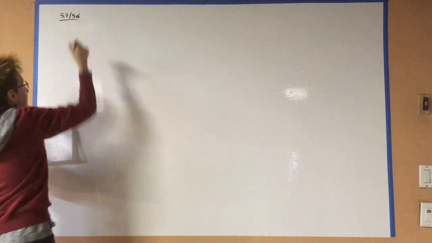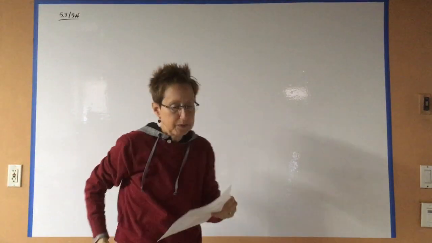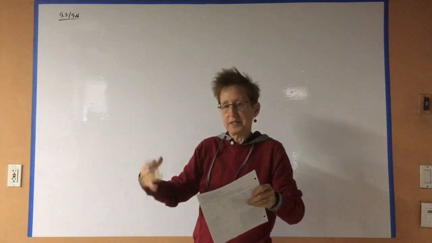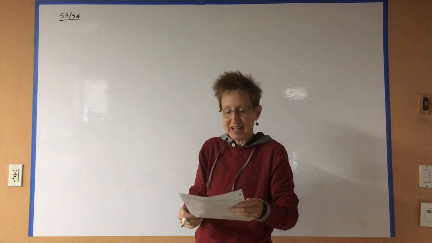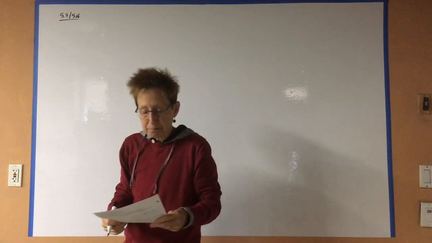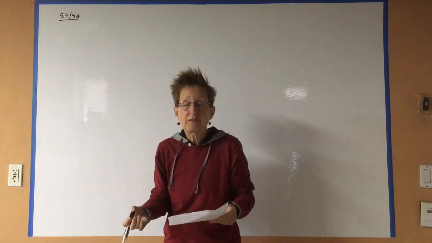So you should have the handout for 5.3/5.4. I put the two together because the one is getting you ready to graph, and then the second section is actually doing the graphing.